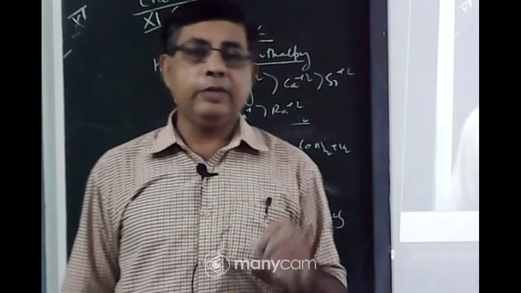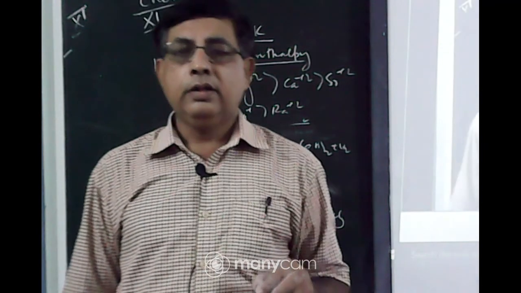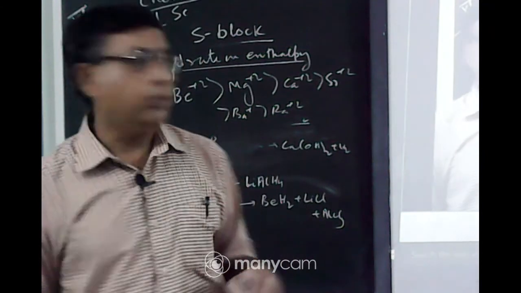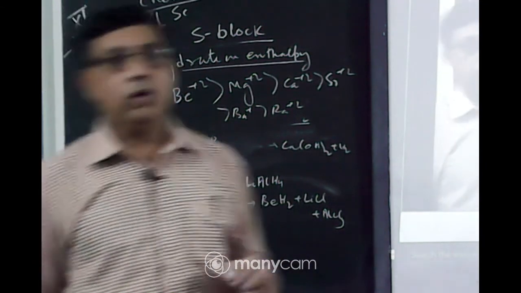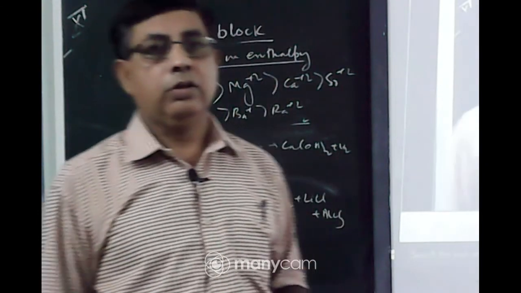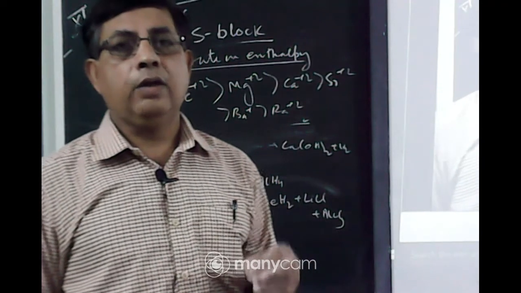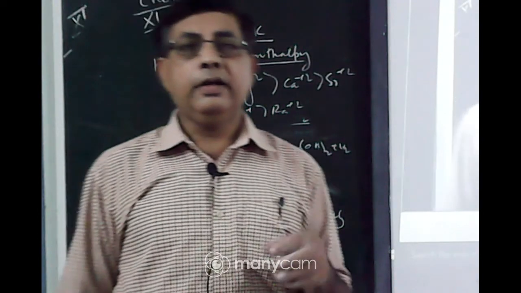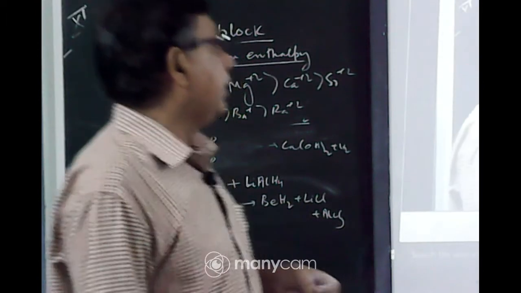In terms of chemical properties, you must remember the reaction with hydrogen, reaction with water, reaction with oxygen, reaction with nitrogen, and reaction with halogens, and also the reducing character. So, today students, this is the general introduction of the alkaline earth metals. In the next class, I will discuss some important compounds of alkaline earth metals.